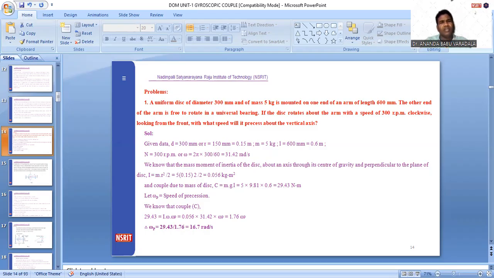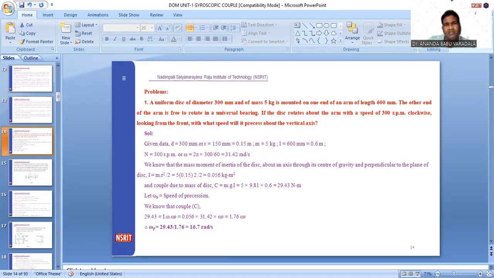And omega p, we don't have, but we have the couple C due to the mass of the disc, 29.43, equal to I omega omega p. Here C we know, I we have found earlier, and omega we know. Finally, we will get omega p. The value of omega p is 29.43 by 1.76, that is 16.7 radian per second.